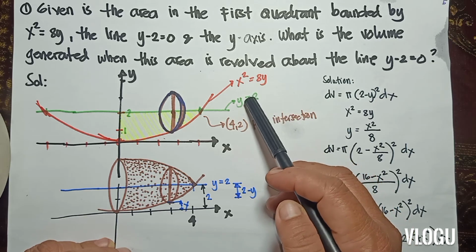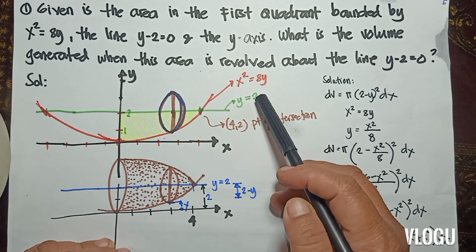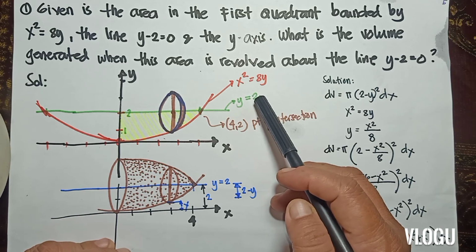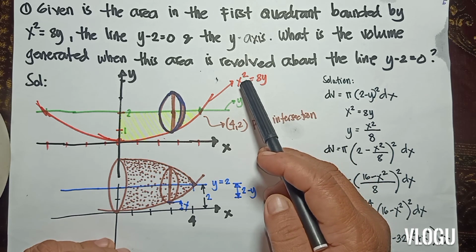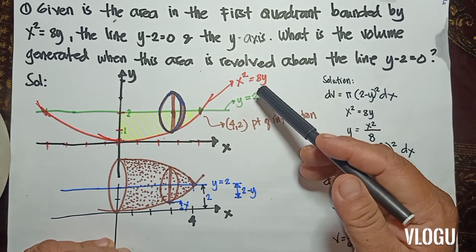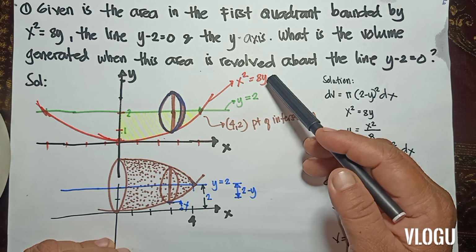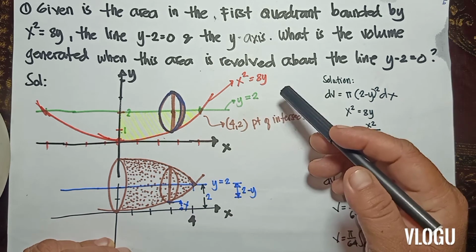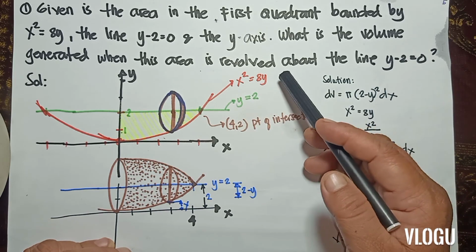To find its point of intersection, you simply substitute the value of y into x squared is equal to 8y. So you will have 8 times 2, which is 16.